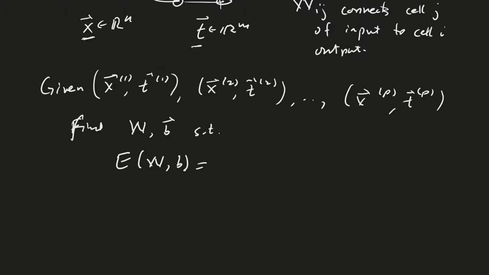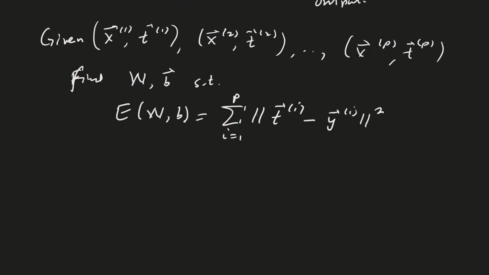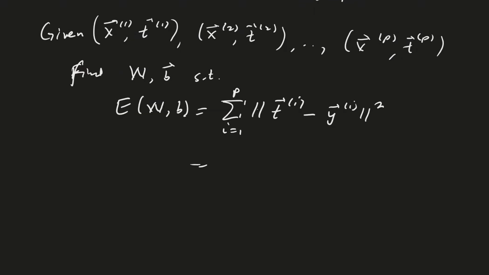Remember how to compute that? That's the sum from 1 to p, and these could be multidimensional, so we'll say that it's ti minus yi squared.